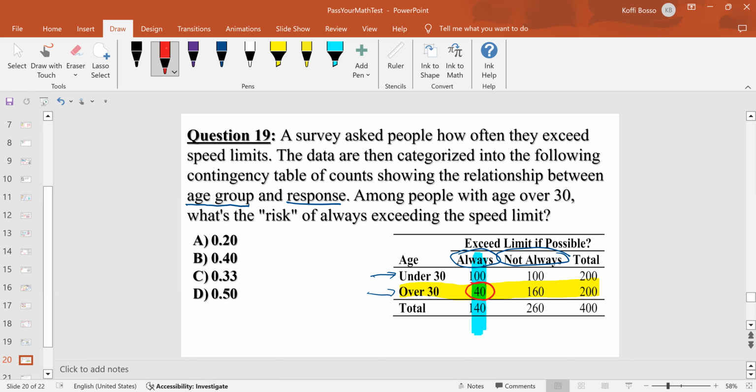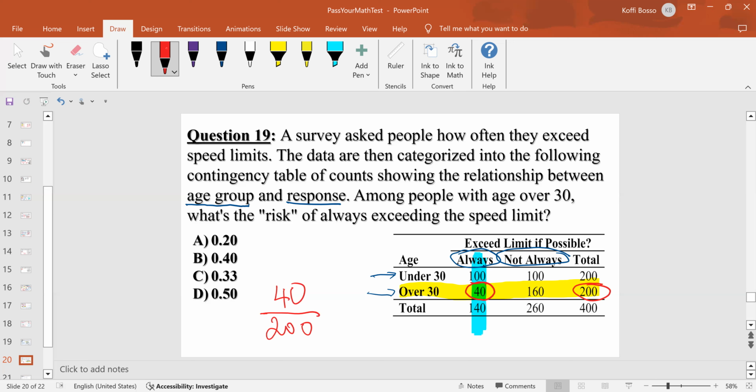That means to find the answer here, we take 40, because saying over 30 and always exceeding the limit, we have 40 people in that category. Now, how many people do we have in total in that category of age over 30? Here we have 200.